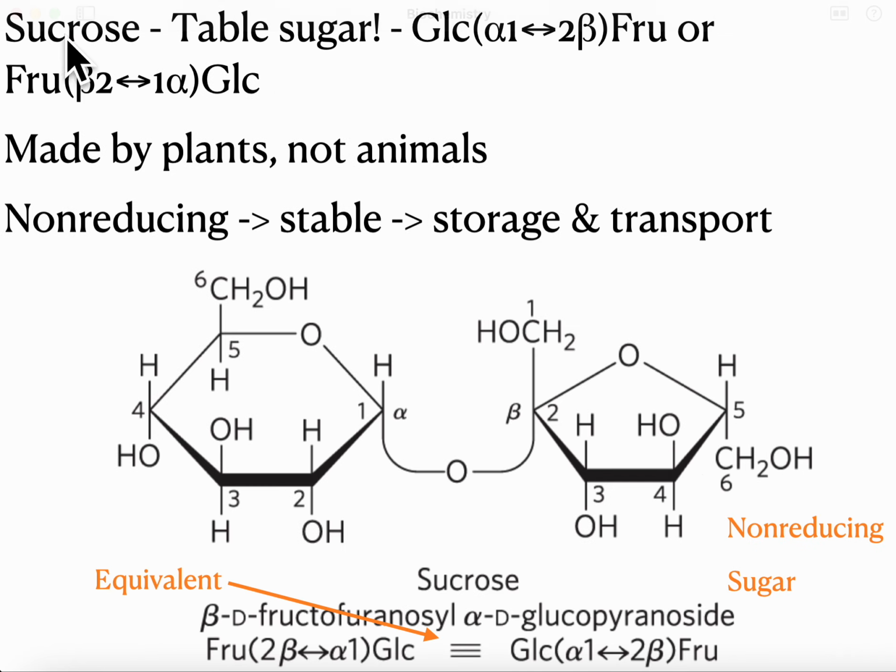So next up we have sucrose, which is table sugar, and it's formed from glucose and fructose. It is to note that it is a non-reducing sugar because both anomeric carbons from each monosaccharide participate in this glycosidic bonding.